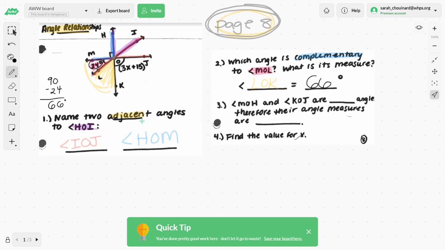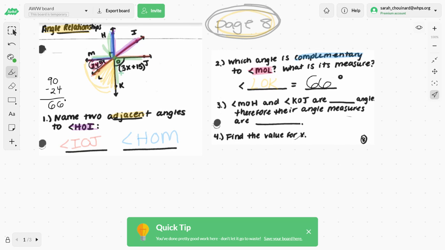All right, the last part is asking MOH. So let's see, what color have I not used yet? Oh, perfect, green. So MOH and KOJ are what type of angles? Well, they are diagonally across from each other.